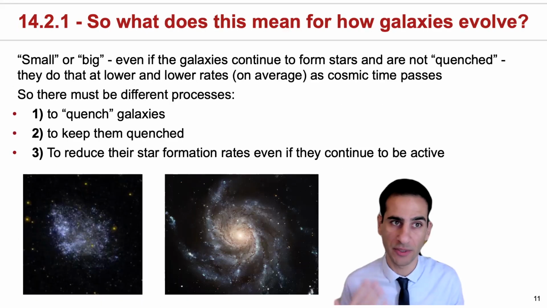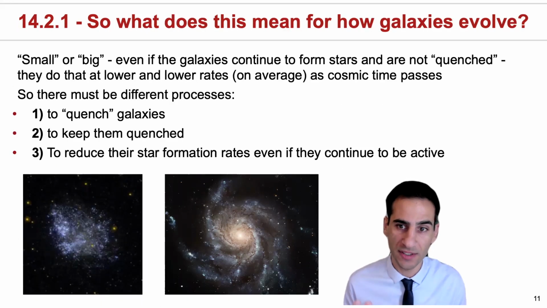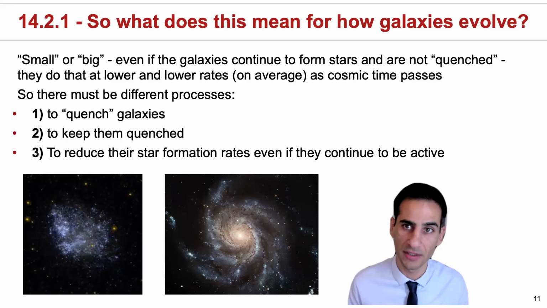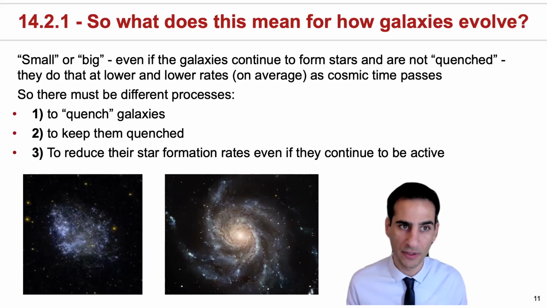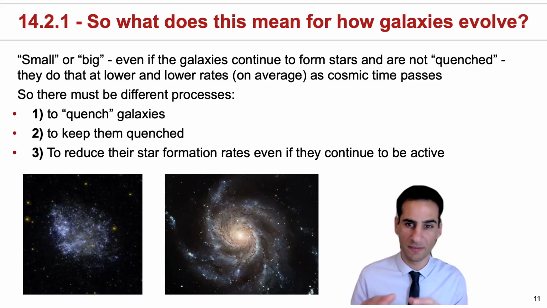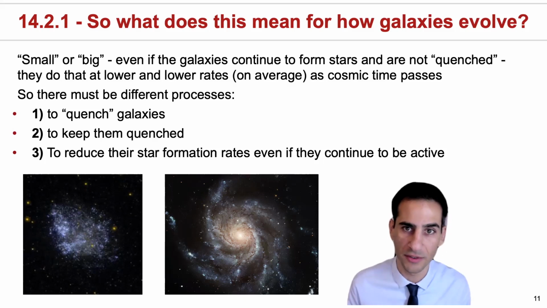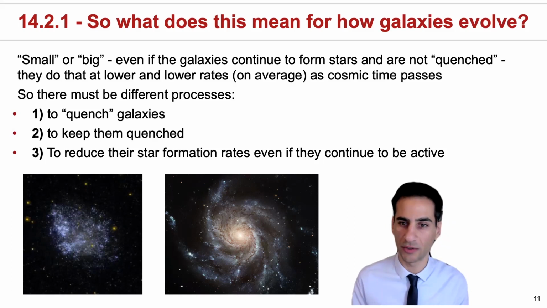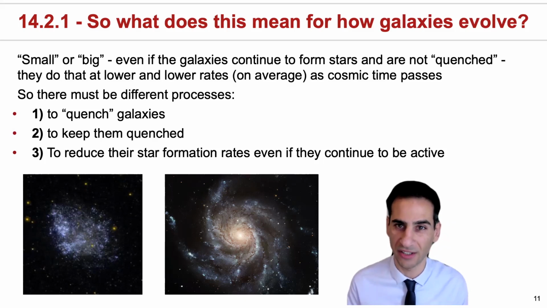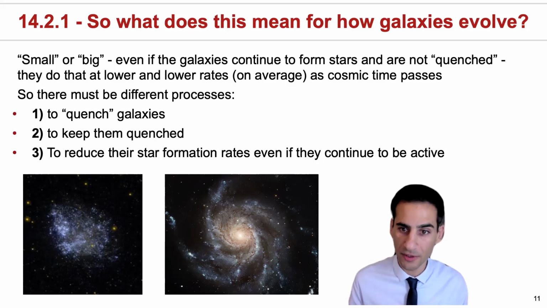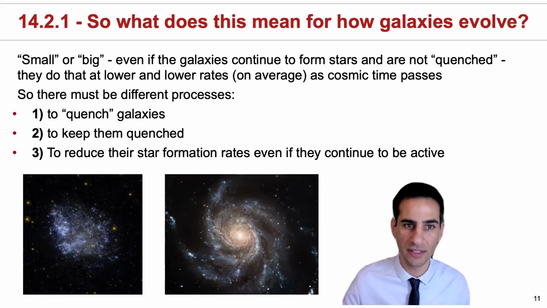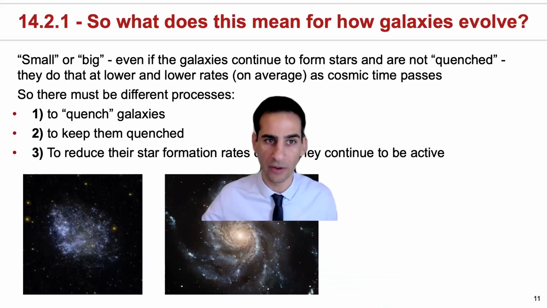An important question that we therefore need to address is, what does all that mean for how galaxies evolve? What this implies is that regardless of whether you're a small galaxy or a big galaxy, even if you manage to continue to form stars and you don't die, and we'll see that galaxies can actually quench or stop forming stars, there must be different physical processes, or perhaps the same physical process acting in different ways, to lead to 3 different main outcomes.